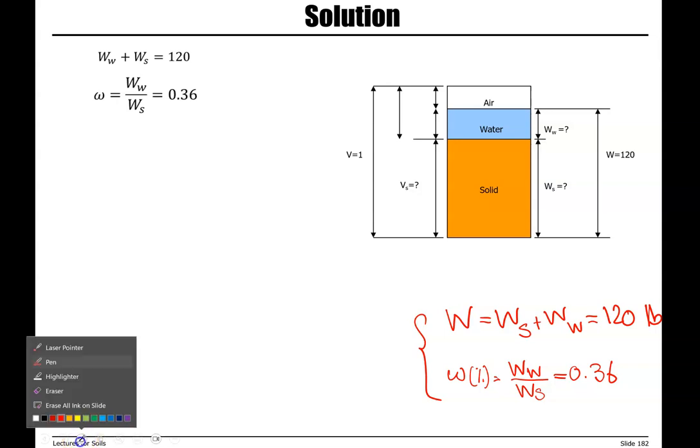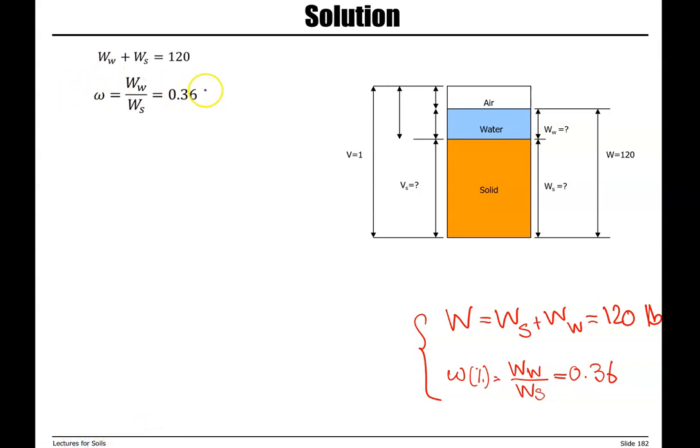In order to do that, first you look at the second formula, rearrange this formula, and from this formula we know that the weight of water is equal to 0.36 times weight of solids.